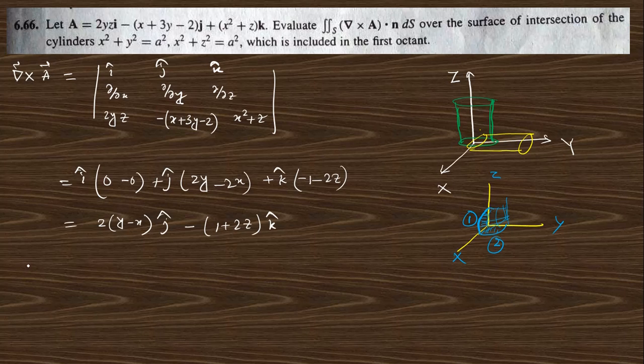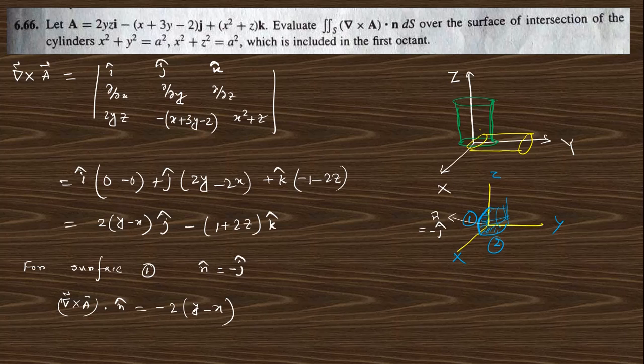Now we need to dot this curl of A with the n cap. For surface 1, the n cap is nothing but minus j cap. So if we dot the curl of A with this n cap, we get minus (2y minus x).